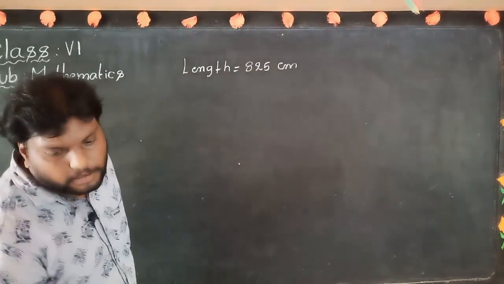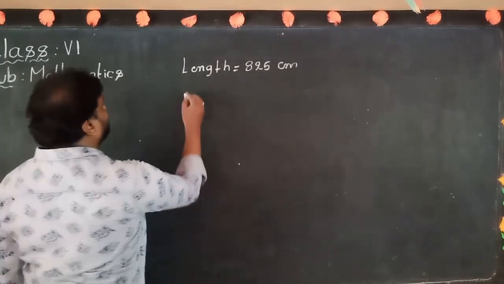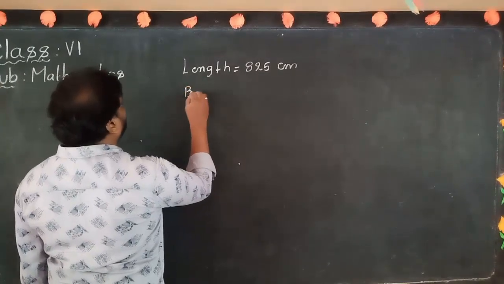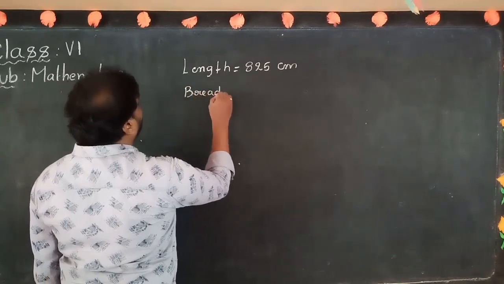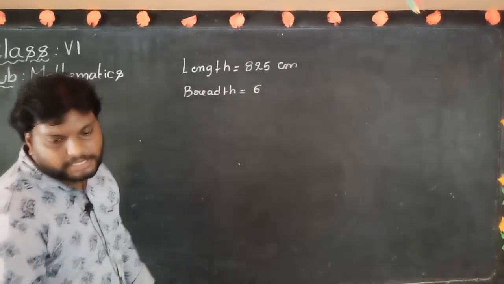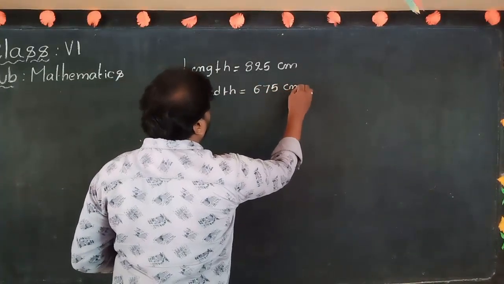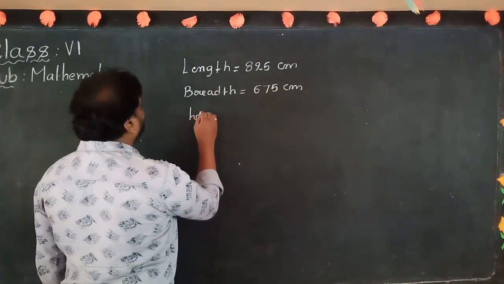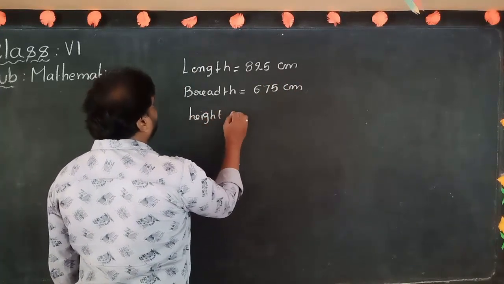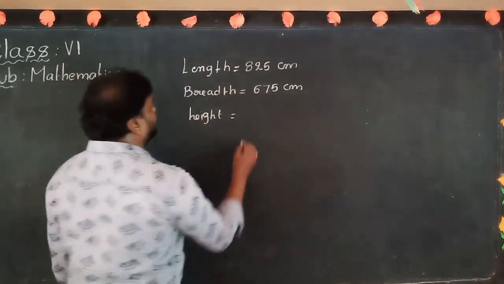Next, breadth is equal to 675 centimeters. Height is equal to, these are the measurements of the room, 450 centimeters.